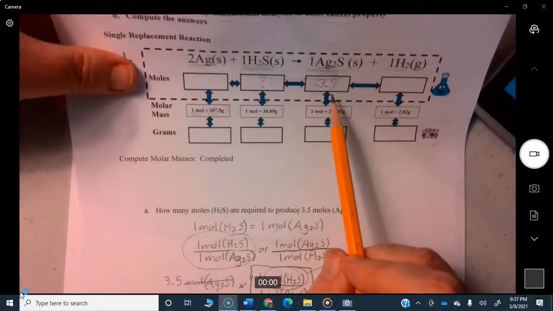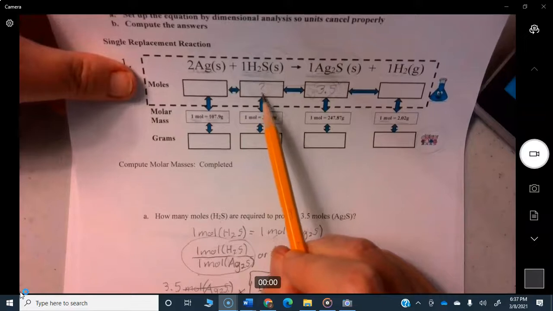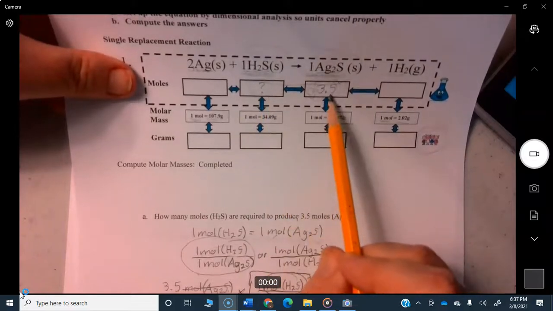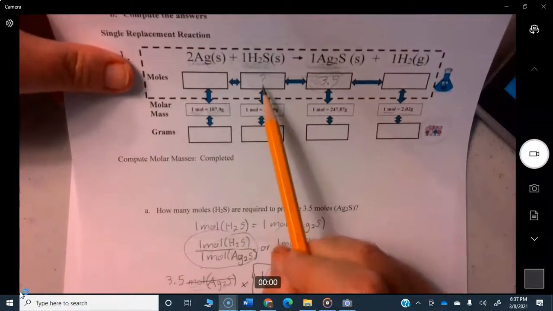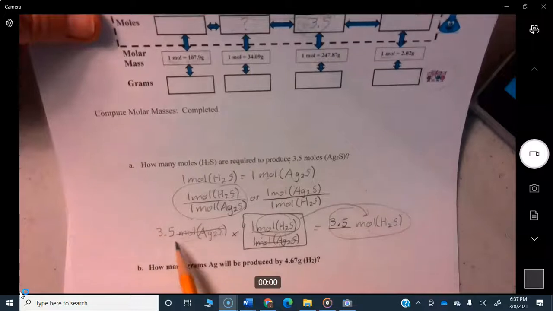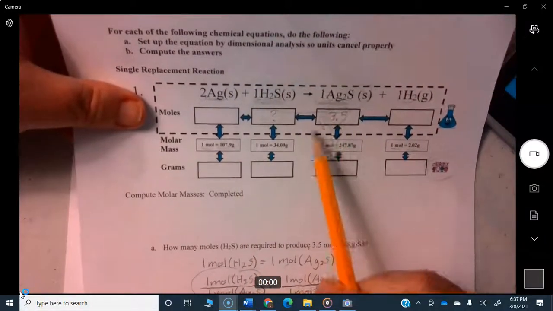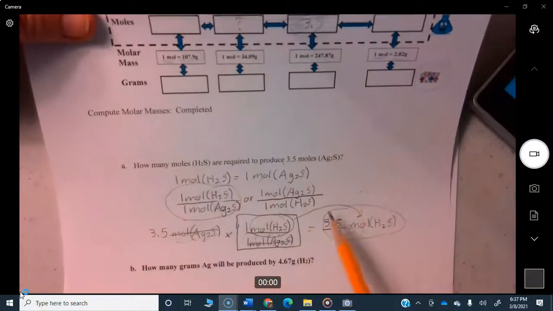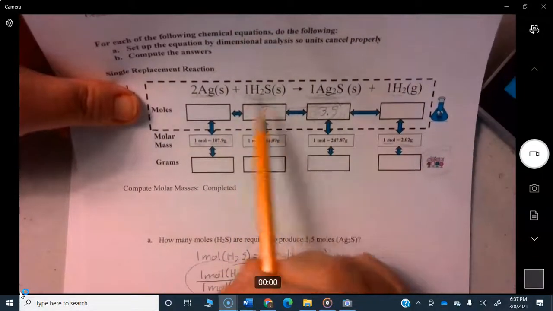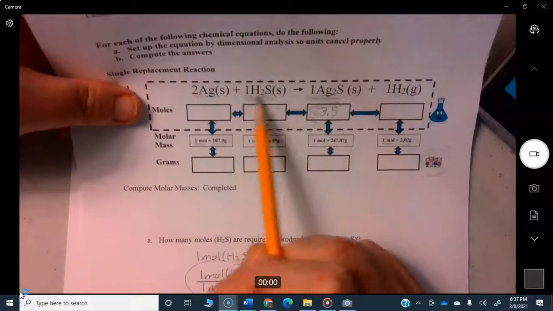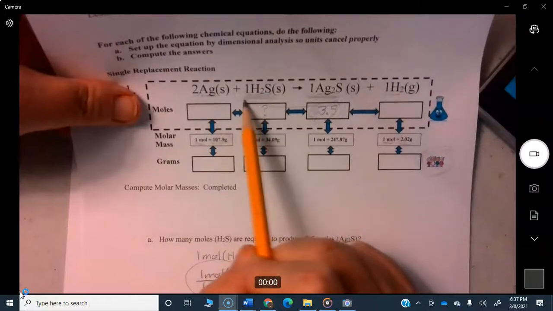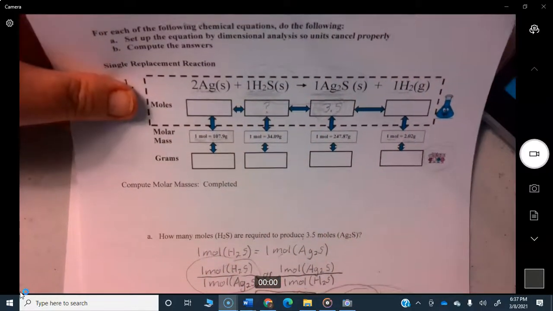So the question was asking how many moles of H2S did we have to put in to get 3.5 moles? And the answer is the same number, 3.5. So both of those are 3.5. If this number had been 42, then it would have been 42 and 42. I mean, you could have picked any number. It's a 1-to-1 relationship, okay? You're going to get the same number. You put in a certain number of moles here, you're going to get the same number of moles there.